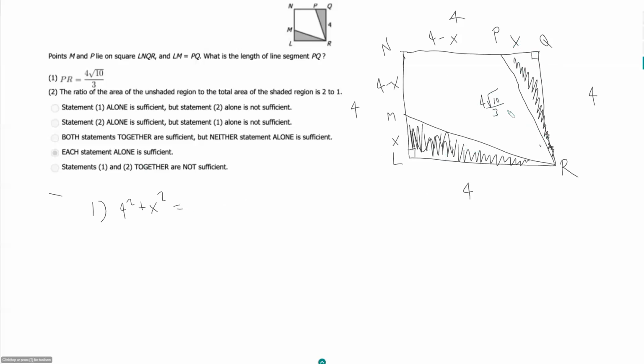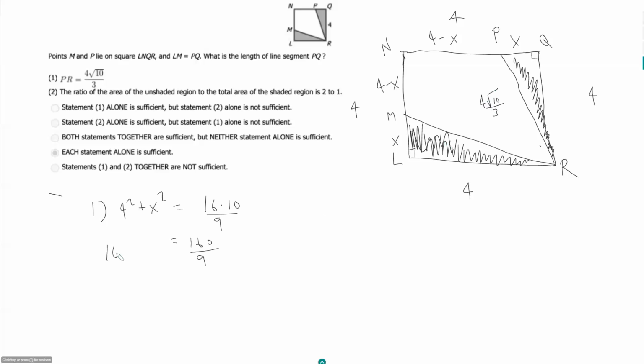I don't think we need to solve this. I don't think they want us to solve for this. We can try if we want. This will be 16 times 10 over 9, so 160 over 9.